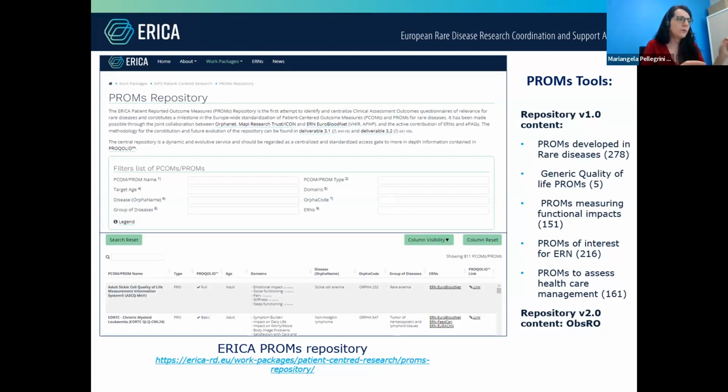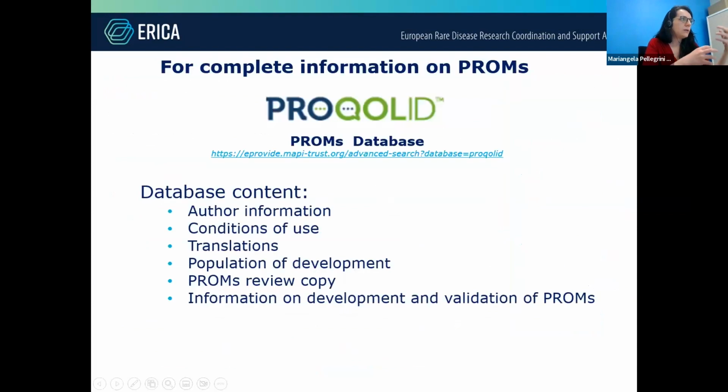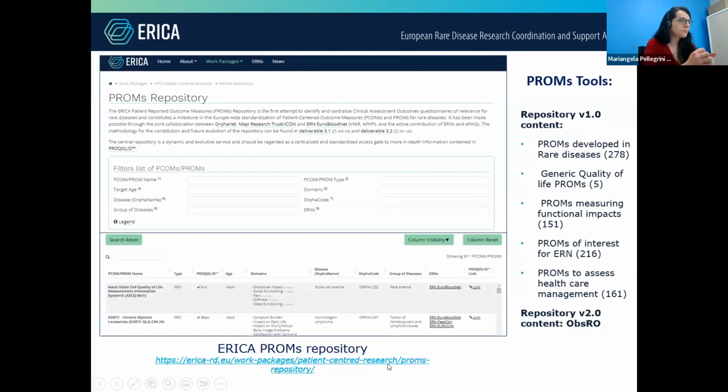Within work package 3, the one dedicated to patient-centric research, we have established this PROMs repository. It is open and accessible online. You have the link. As you can see, you can search for PROMs. You have the search engine where you can write exactly your needs.